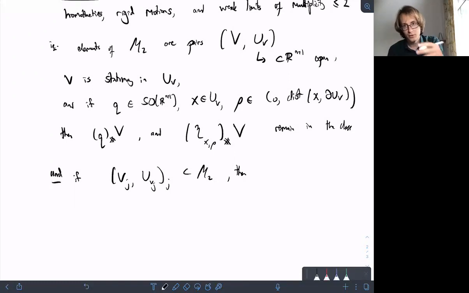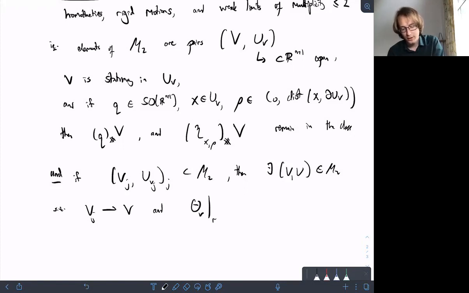So under suitable assumptions, there exists a (V, U_V) in M2 such that V_j weakly converges to V in a suitable open set, and the multiplicity of V on the regular part of V is always less than or equal to 2. So we don't get multiplicity more than 2 on the regular parts in the limits. In particular, we don't have any branch points of multiplicity 3 or more. We have at most multiplicity 2 branch points.